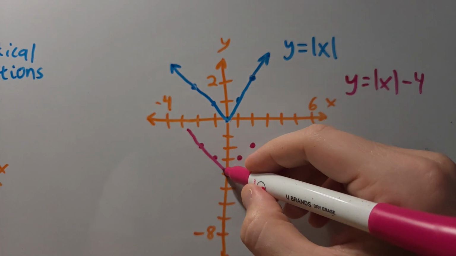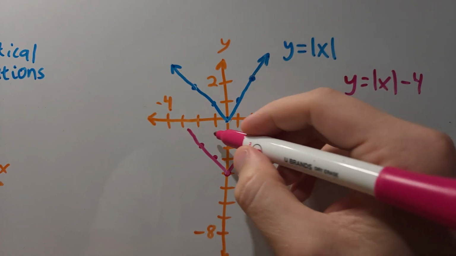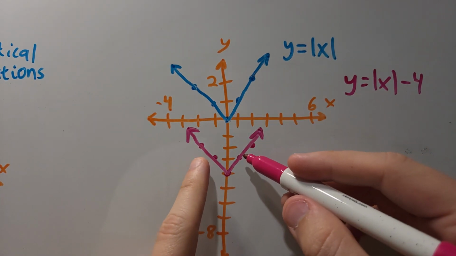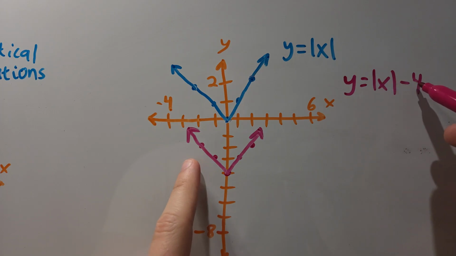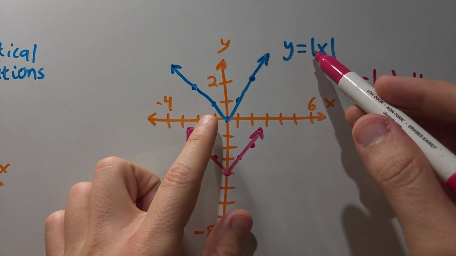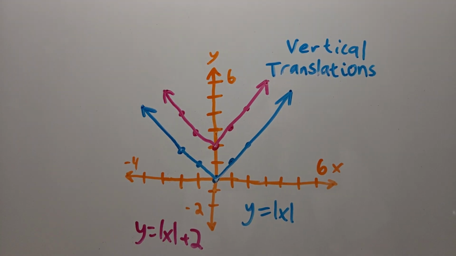Again, same shape, same size, just different position. This shows you the graph of y equals the absolute value of x minus 4, and then here was the original y equals the absolute value of x. This takes care of vertical translations.